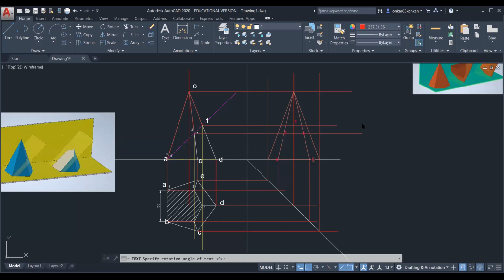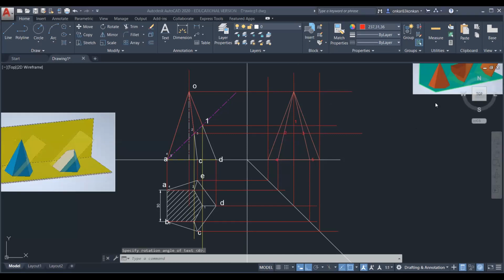And this is 4 and 5. Now connect these points by straight lines: 1-2, 1-3, 2-4, and 3-5.